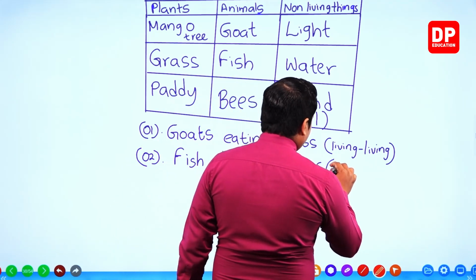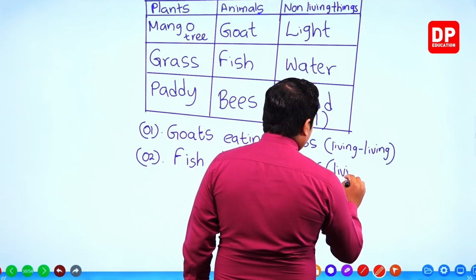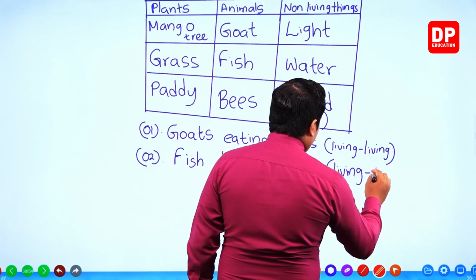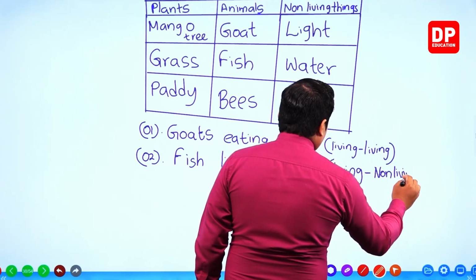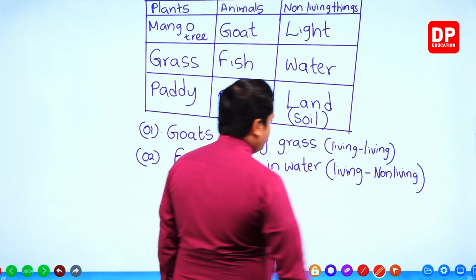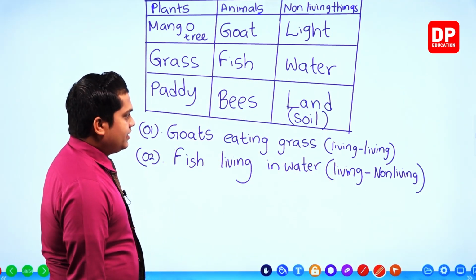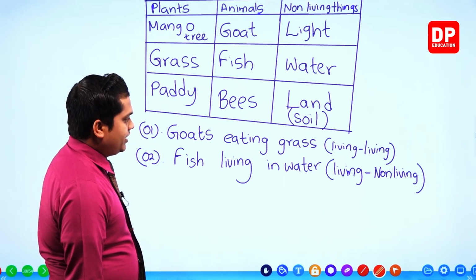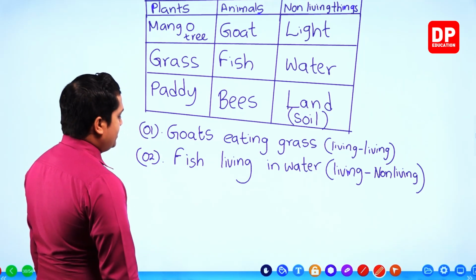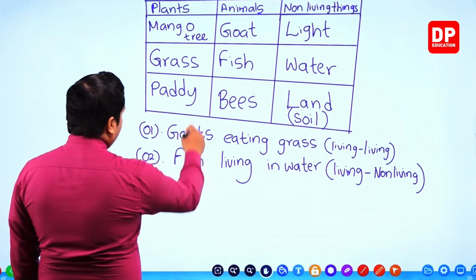Living, non-living. Right, living, then living, non-living one, fish living in water, living, non-living example or interaction.